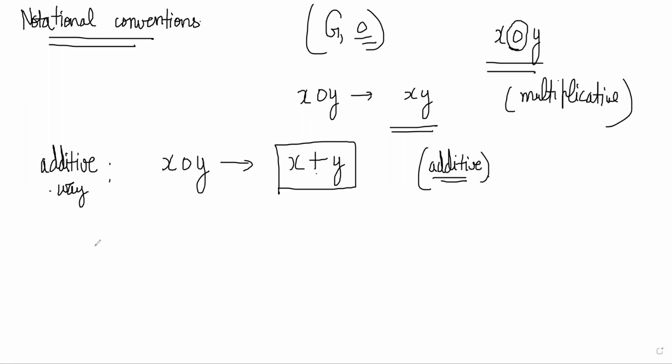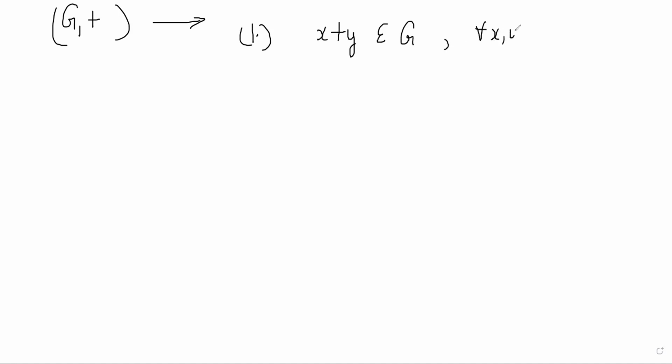So we can reframe all the group laws in additive notation. So for example, if we have a group G plus, this is my group. Then what are the four properties that groups must satisfy? First of all, x plus y should belong to G for all x, y belonging to G.